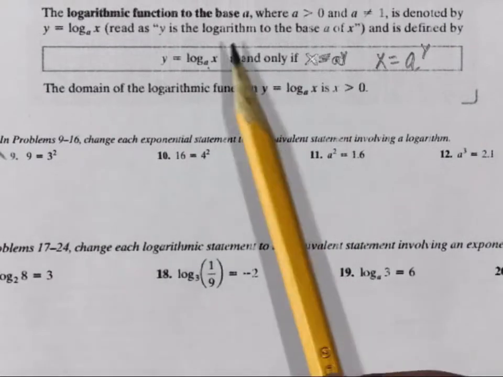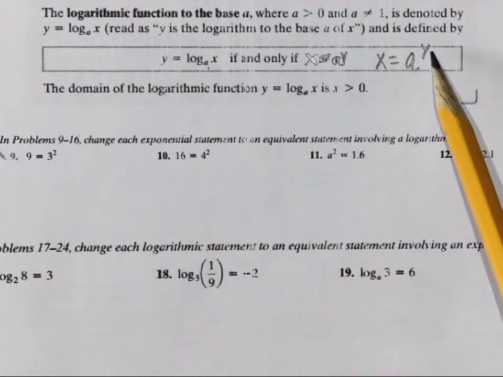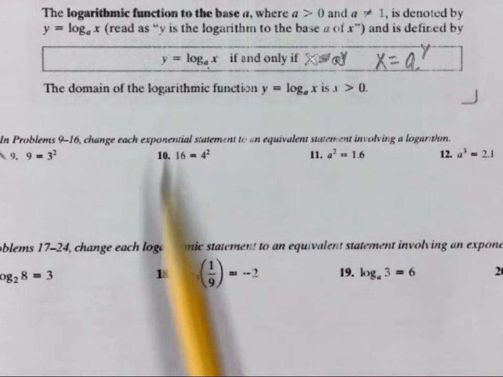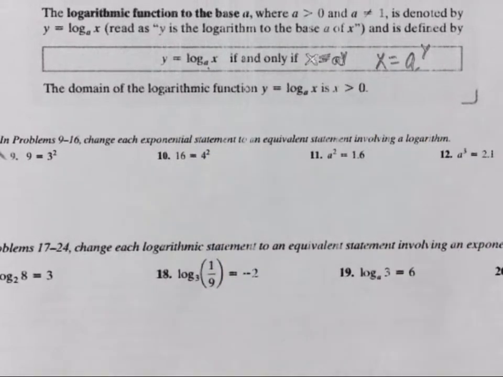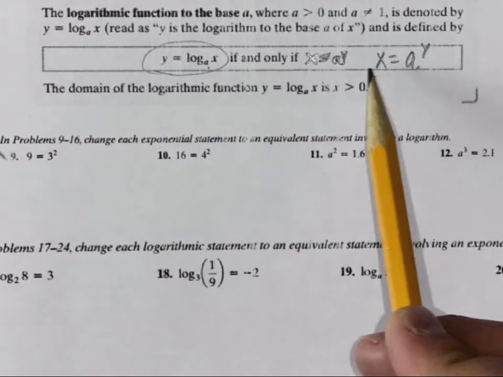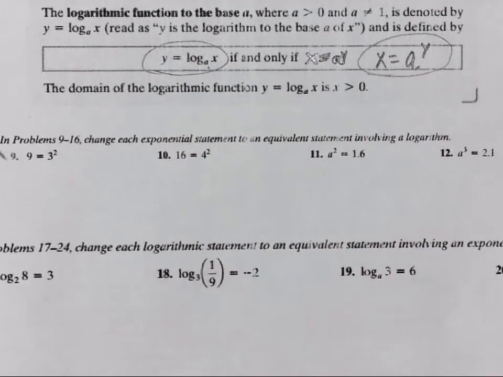So essentially what the logarithm is equal to is the exponent. The base stays the same in both the exponential and the logarithm, and then what you're taking the log of is what a to the y is equal to. So if we have either this information or this information, we can essentially go back and forth between the two. So that's what we're going to be working on in this particular section.